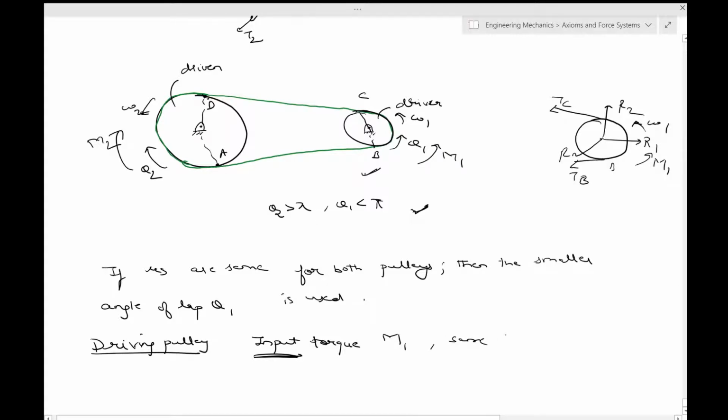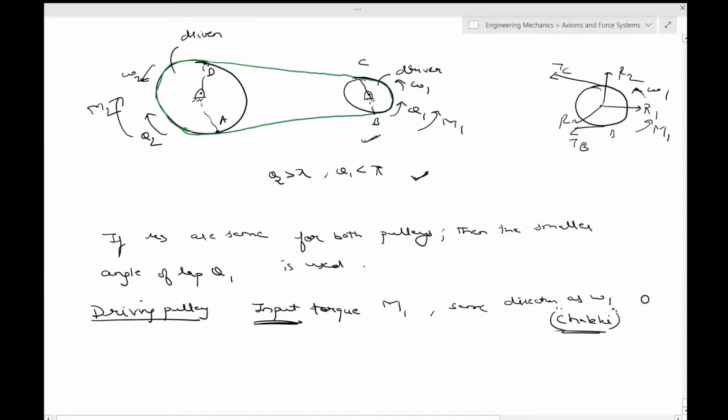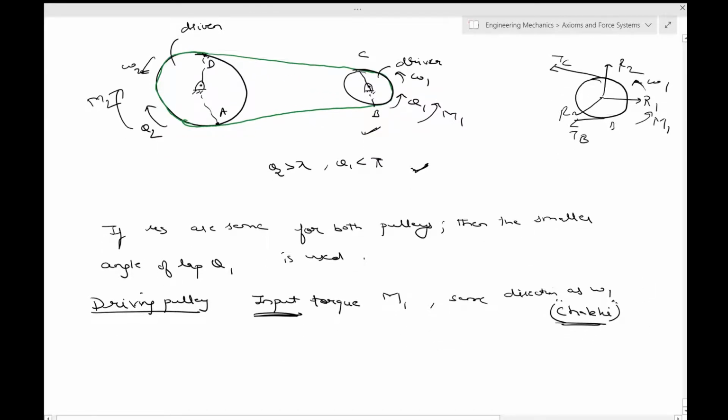This is something you can visualize like a chakki, which is used to get the atta out of it. So you apply the moment and then the omega is in the same direction.